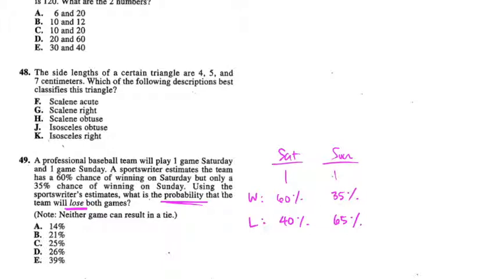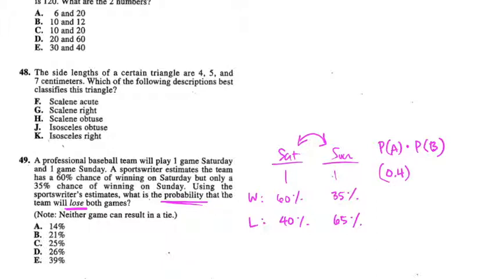These are two independent events. One does not affect the other. And when that is the case, the probability that both events will happen a certain way is the probability of the first event happening times the probability of the second event happening. So what is the probability that this team will lose on Saturday? 40%. This is 0.4.